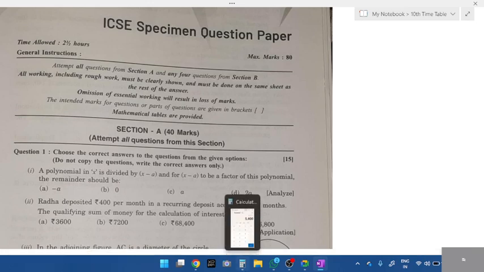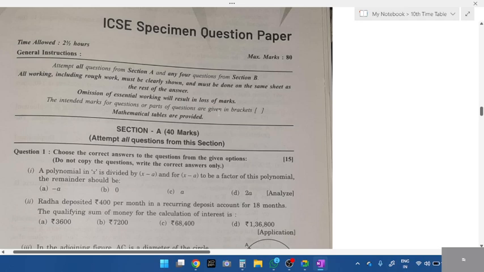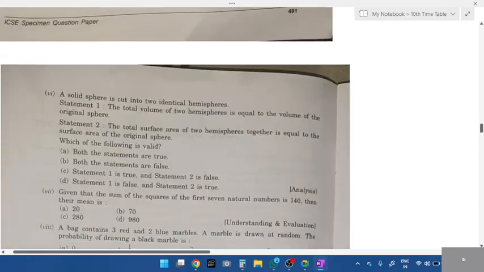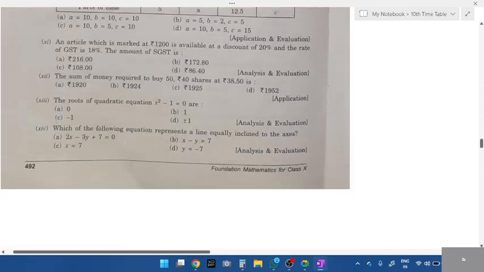Okay, last week itself in 2025 paper, I showed you all this. Okay, what are the instructions they are given? 80 marks. Working should be given. Fine. So we'll do this later.